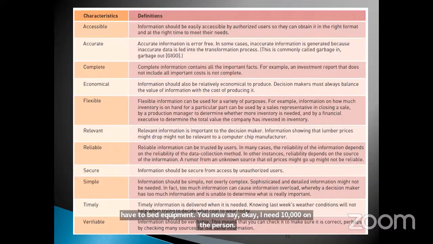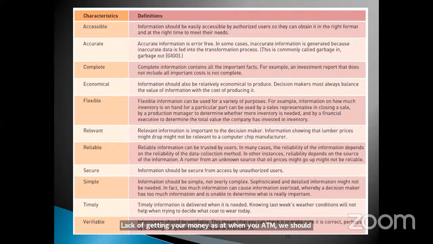So that's the associated cost of not getting your money as and when due. You go to the ATM, it should give you money. When it's not giving you money and you need money, you have to look for other ways of getting money, and as such, you incur costs that were not envisaged.